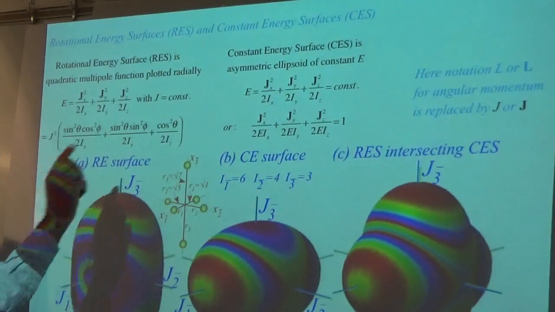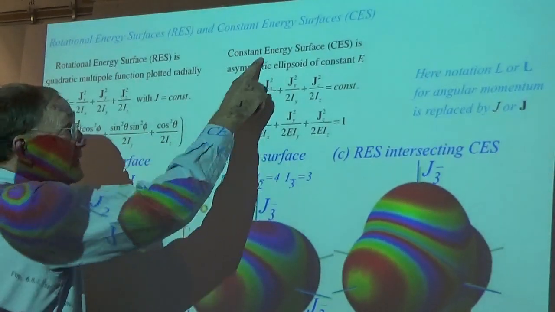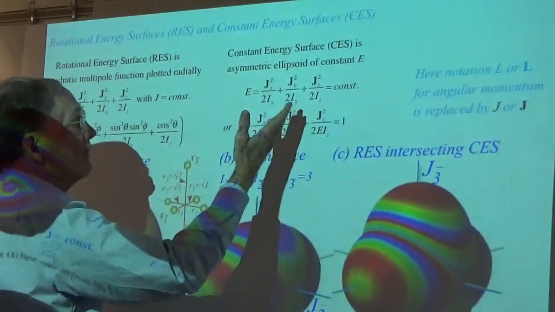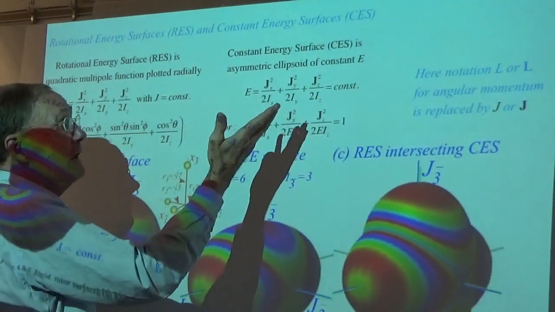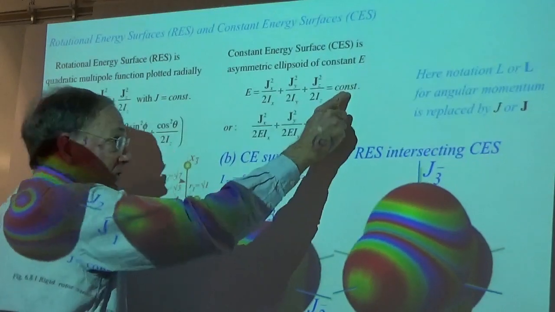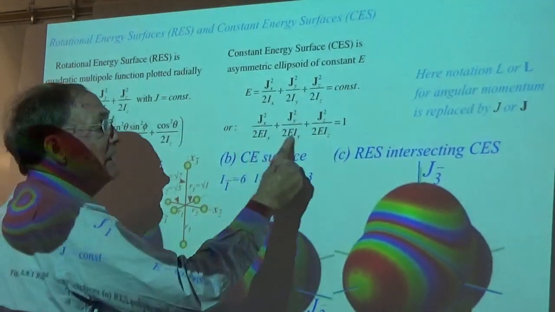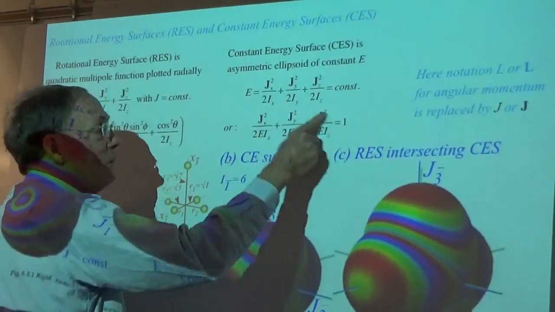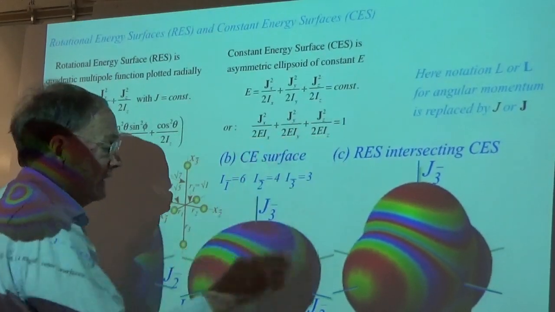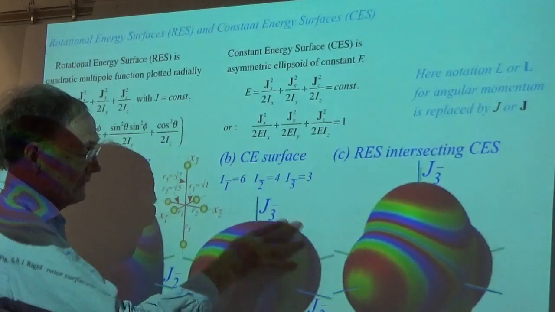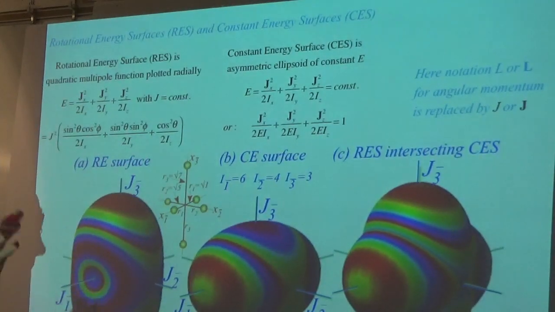Now this one, you see, is a constant energy surface. All I do is take the kinetic energy, which is the total energy now, and say it's a constant. And if I do that, then I get an ellipsoid. Well, if I don't have any minus signs down here, I get an ellipsoid. Like that, that's the plot of the ellipsoid.